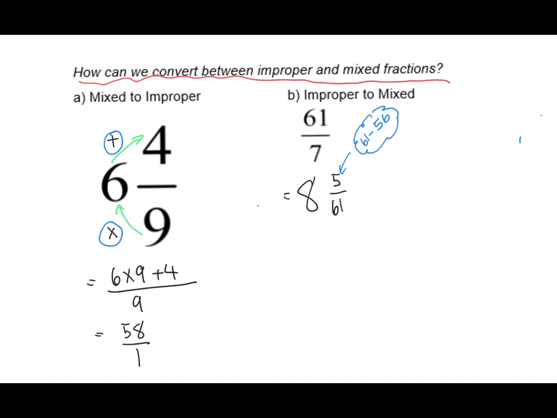Another way to quickly do our calculations is to do long division. So we take 61 and divide by 7. By doing so, we're just doing long division. So we just have to find out how many times 7 goes in. 7 times 8 is 56. 56 subtracted from 61 gives us 5.